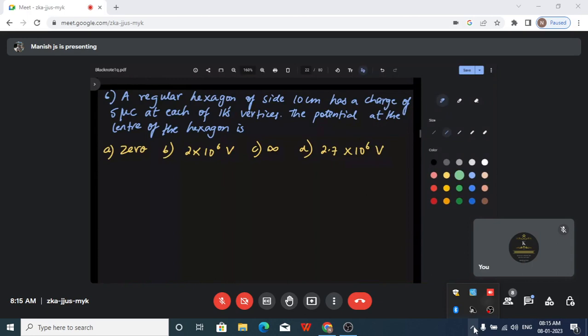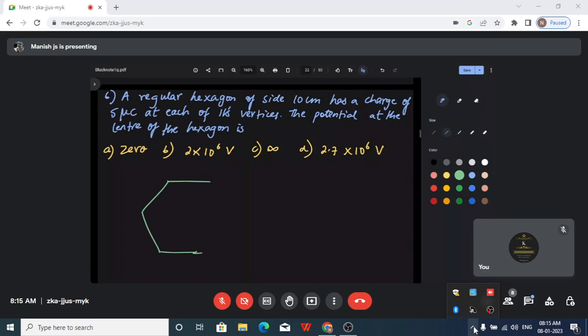D option also. D. Okay, 2.7 into 10 power 6 volt வருதா? Okay. Yeah, that is correct. So எப்படி solve பண்ணீங்க? Good. Sir, hexagon diagram போட்டேன். Okay. Superposition formula. Okay, hexagon diagram.